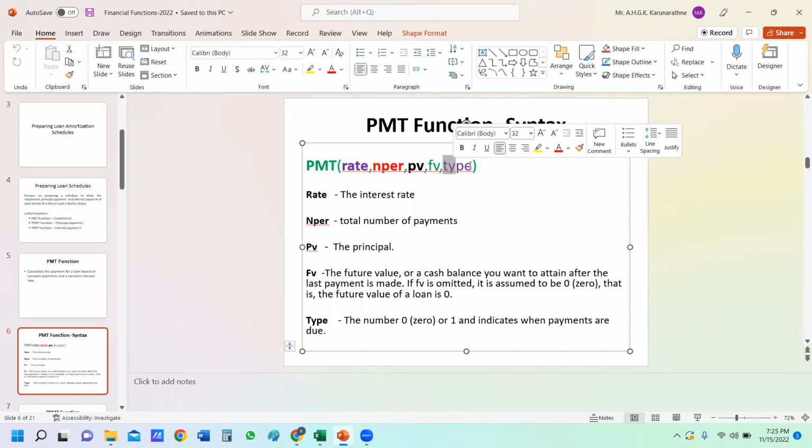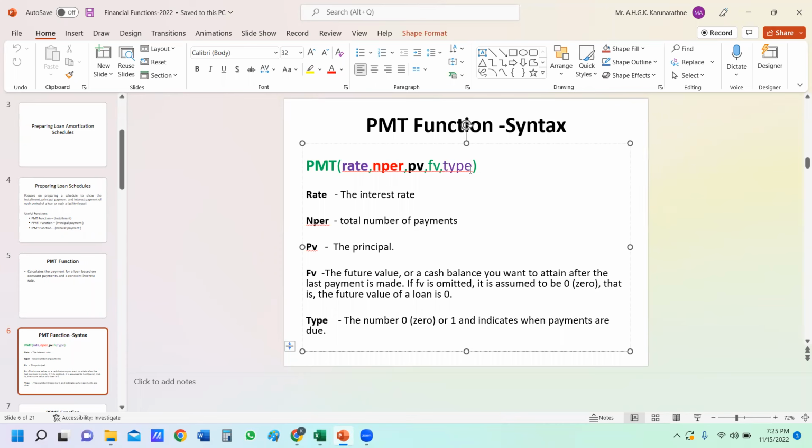So these are cash flows occurring at the beginning of each period. But in a loan arrangement, if your parents have borrowed any loans, you can ask them: they borrowed the loan on a particular day, but on the same date they don't pay the installment. They keep paying installments at the end of each month. So for type, you can leave it zero.